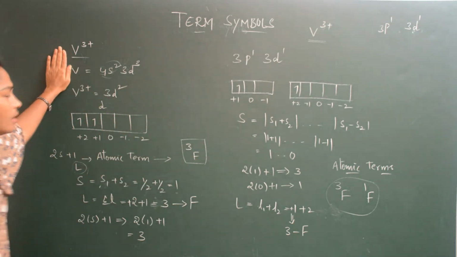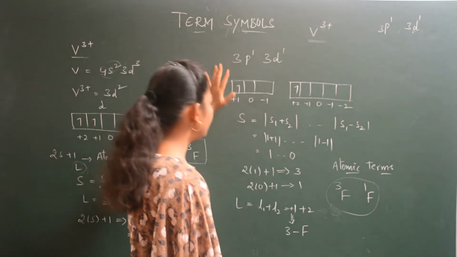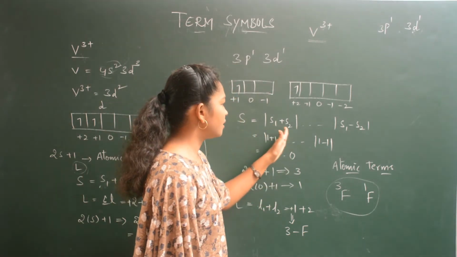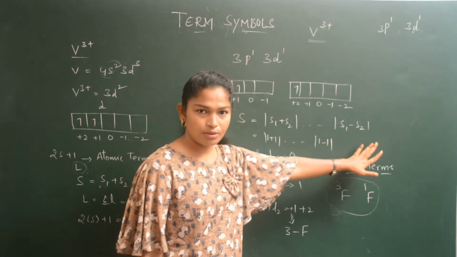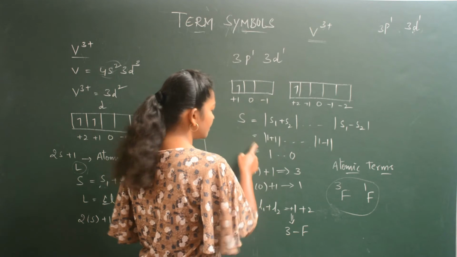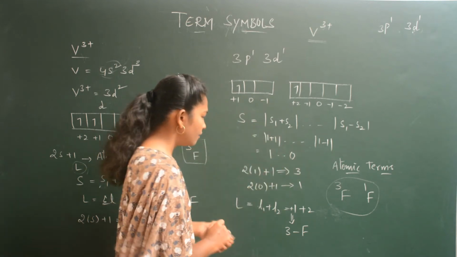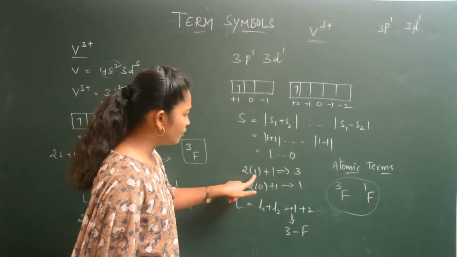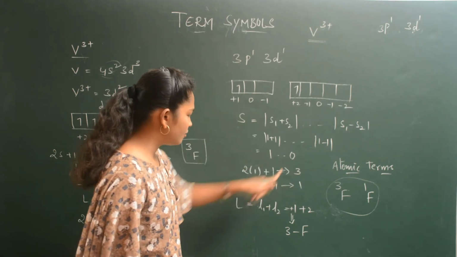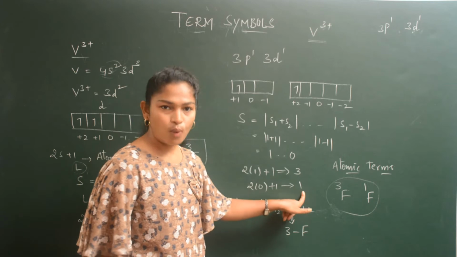Okay, vanadium plus 3. So when you have different orbitals, spins will be different. So S is equal to S1 plus S2 to S1 minus S2 will be the possible S values. So S is equal to 1, 0 you got it. For S is equal to 1, 2S plus 1 is equal to 3. For S is equal to 0, 2S plus 1 you got 1.